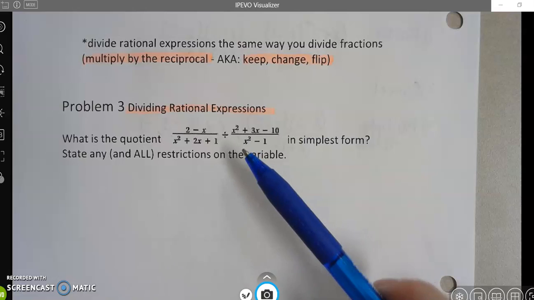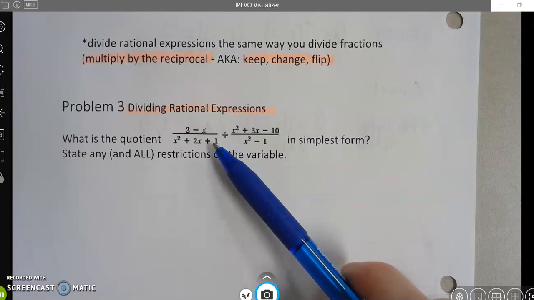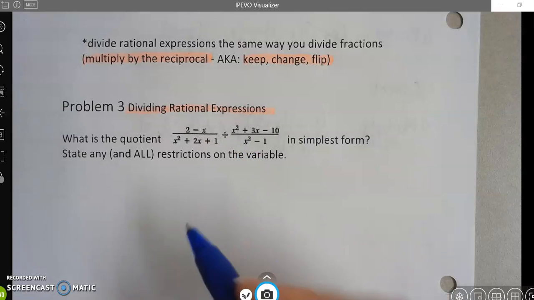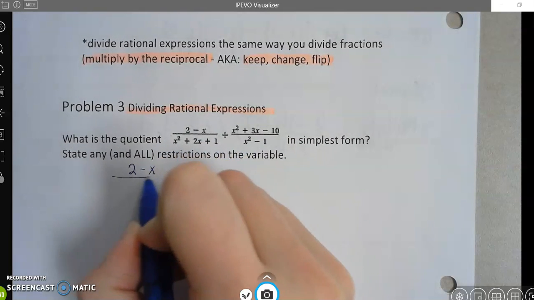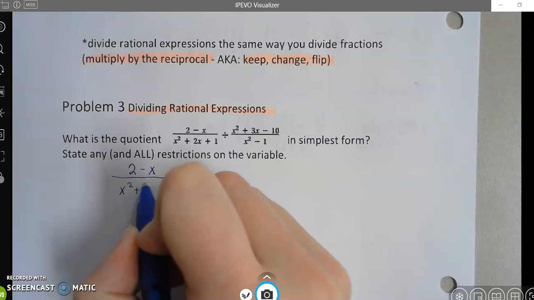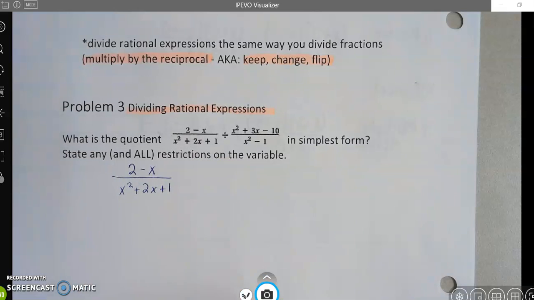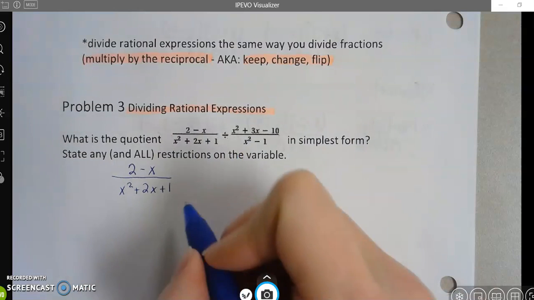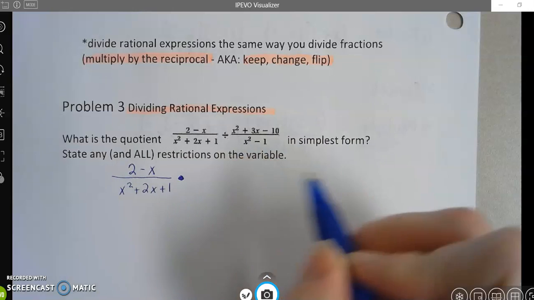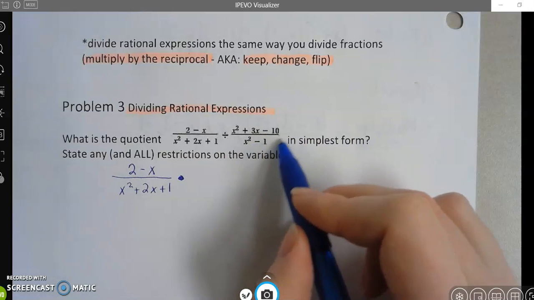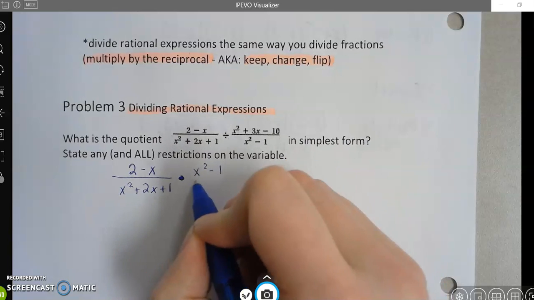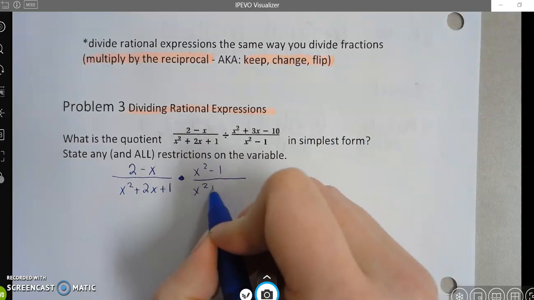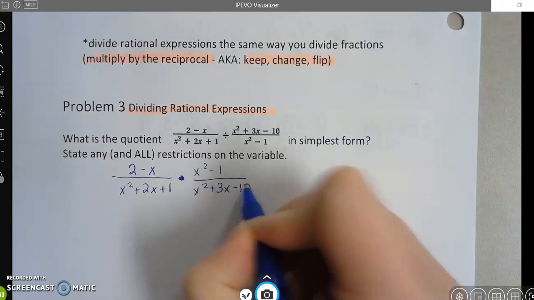So keep your first fraction the same, 2 minus x over x squared plus 2x plus 1, but multiply by the reciprocal, meaning flip your second fraction to x squared minus 1 over x squared plus 3x minus 10.